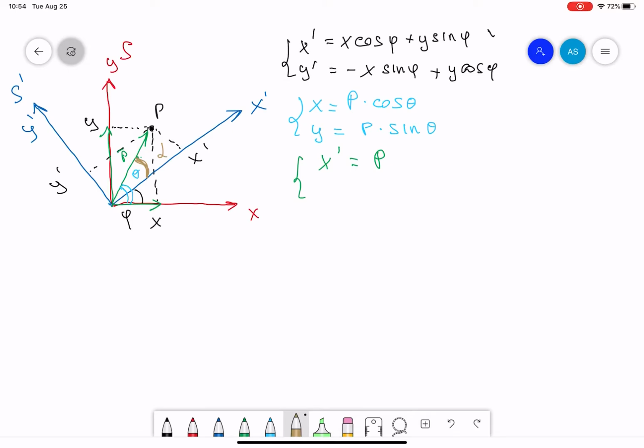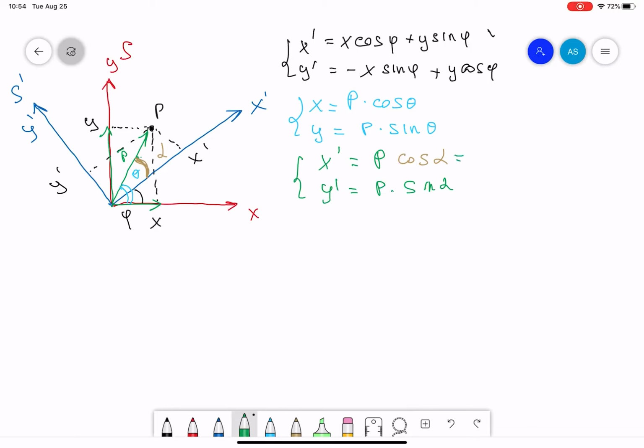So x dash is equal to P multiplied by cosine alpha, and y dash is equal to P multiplied by sine alpha. Now we know that alpha is equal to theta minus phi, correct?